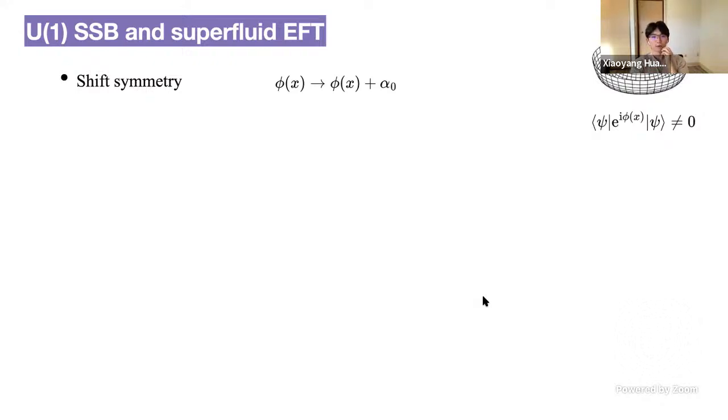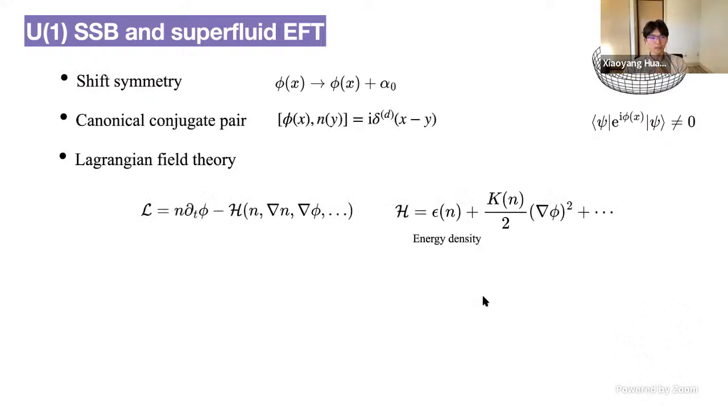If you want to be careful about the transition, you need to take that back. The fact that this phi field acquires an expectation value as an order parameter means that there is a freedom to choose the reference point, or maybe the boundary condition, by adding some arbitrary number to the phase so that the theory doesn't change.